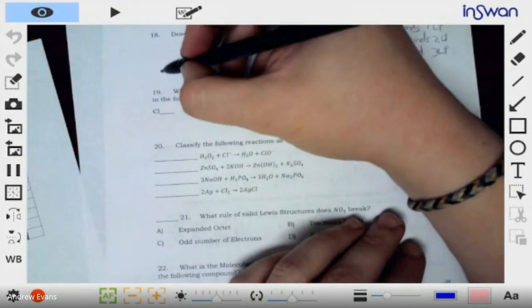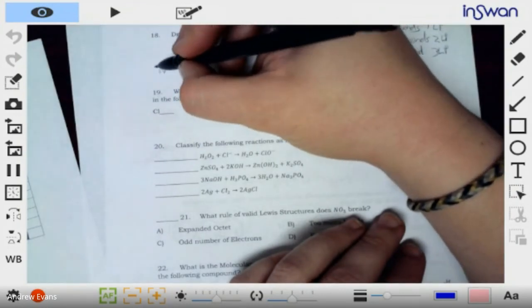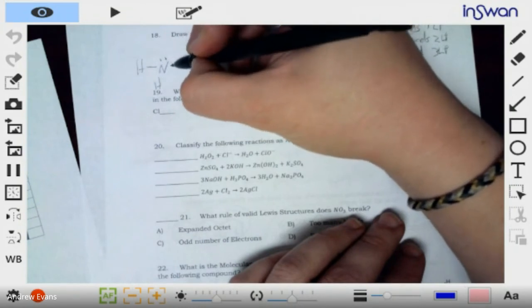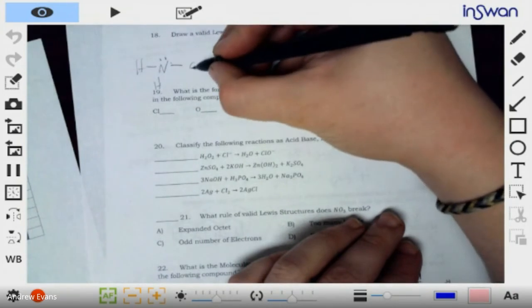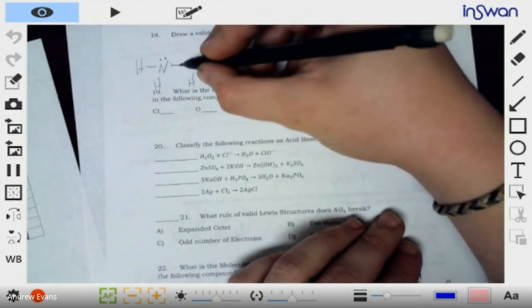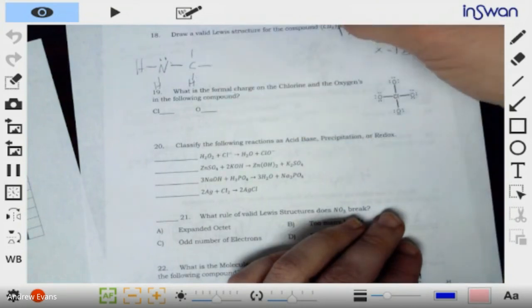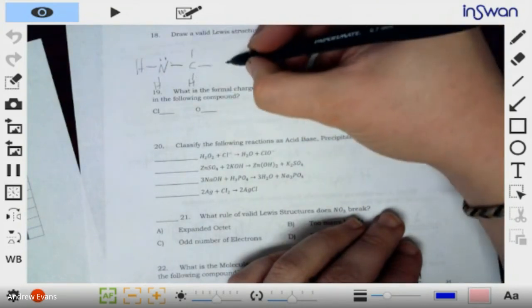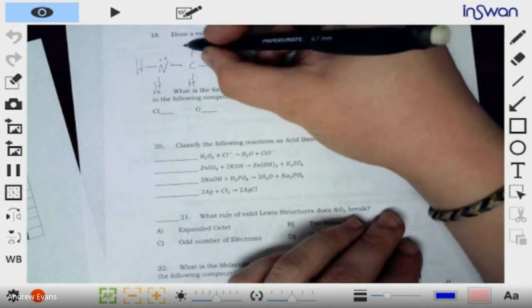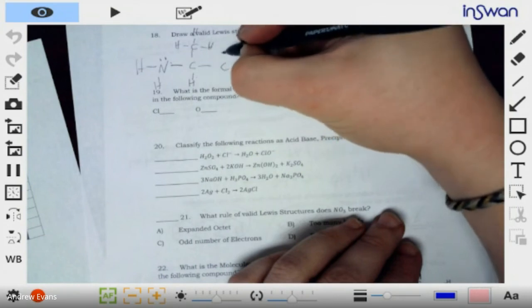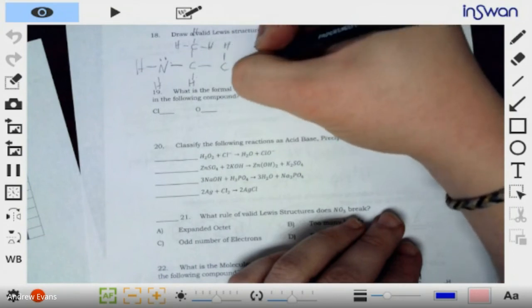So I'll actually start from the right and make this a little bit easier. So N, H, H, lone pair, bond. So that must be connected with this carbon. So C, H, we've already accounted for 1, 2, 3, 4. And so this is 2 methyls. So 2 methyls can hook up there. 1, 2, 3.